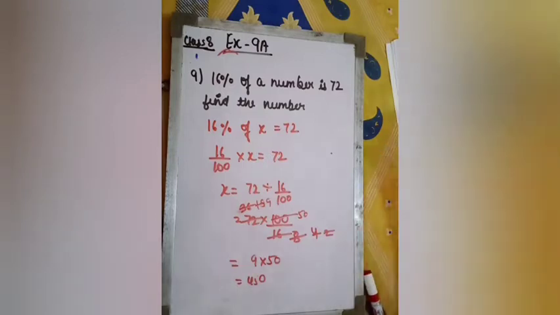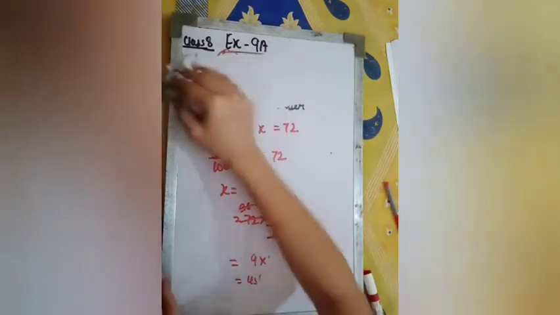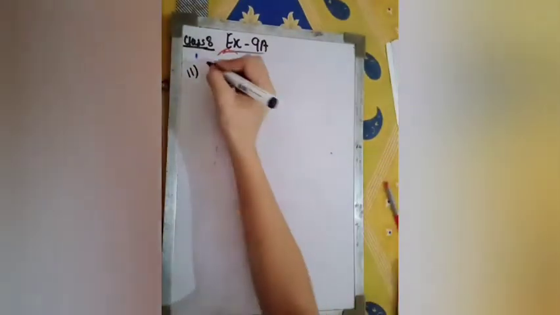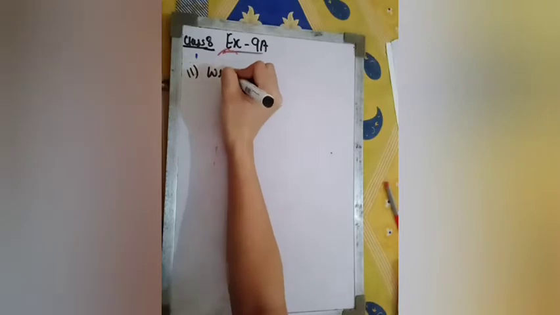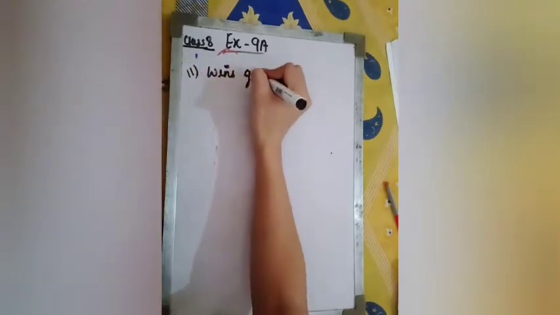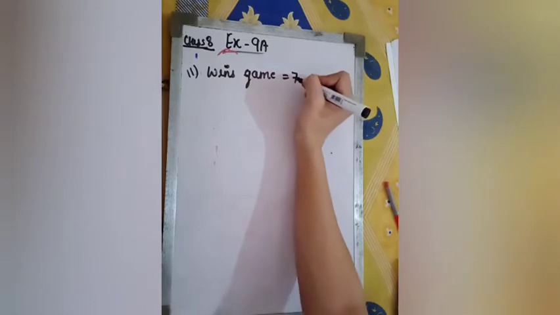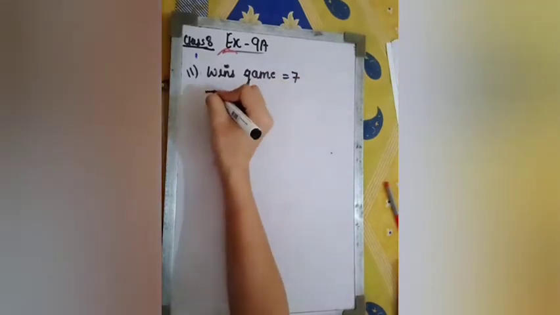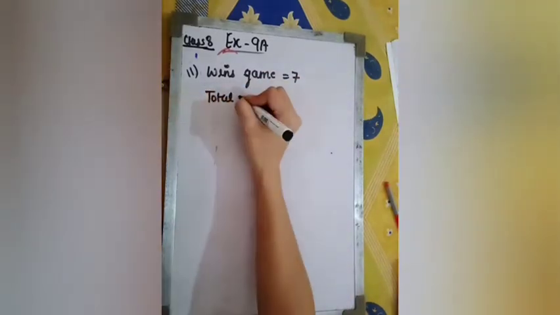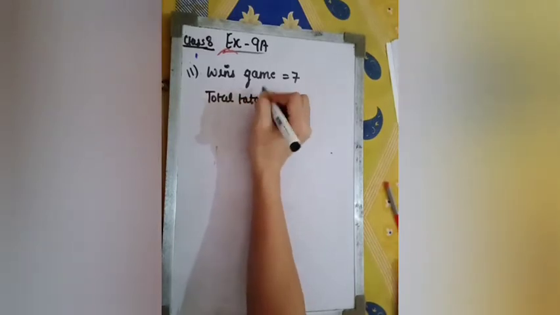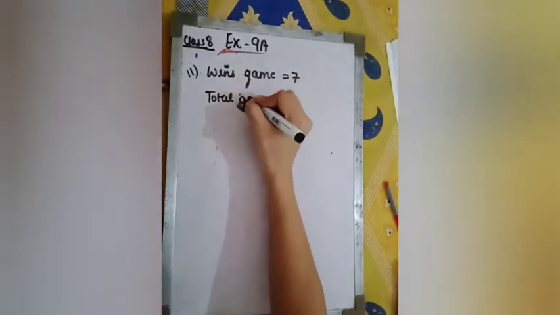Now look at the question number 11. They are saying a football team wins 7 games. A team wins 7 games, which is 35% of the total games. The total games we don't know.